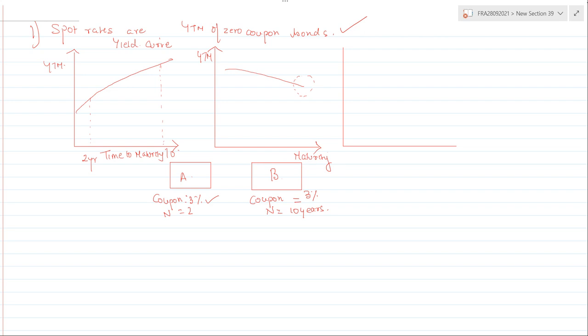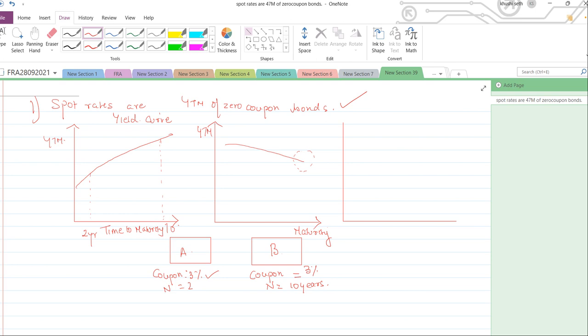But guys, we used a single discount rate when we used YTM. We used a single discount rate to value all cash flows, so that assumed that the yield curve was flat. But the yield curve is not always flat.